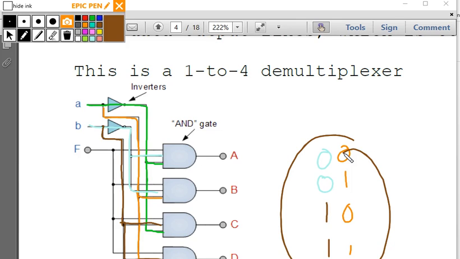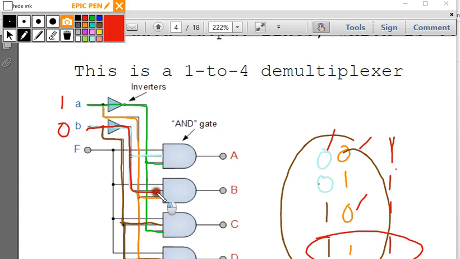But when F is 1, that means the truth table becomes, so now, since you've got all of these inverted, the value when A is 1 and B is 0, that means this value is inverted. So we're going to go here.